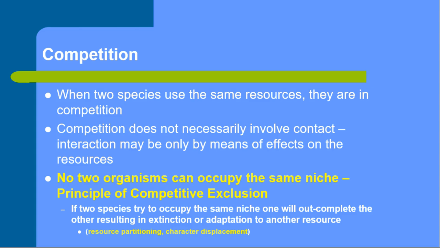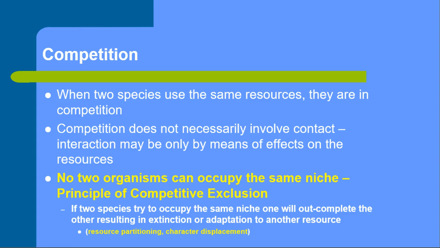But the bottom line is this: no two organisms can occupy the same niche, which is the principle of competitive exclusion. And so this is where you have competition, is when species are trying to occupy the same niche. They're trying to exploit the same food resource, they're trying to live in the same habitat, right? All of those are part of the niche, because remember, the niche is the role the species plays in the ecosystem.